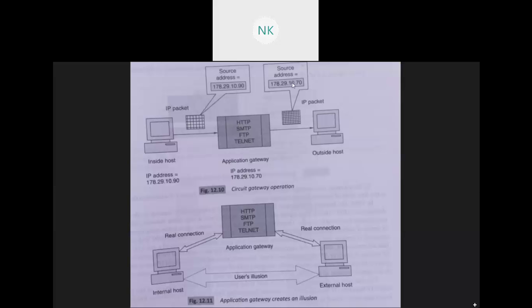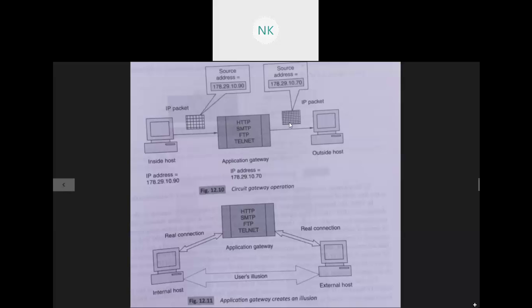So what does this circuit gateway perform? It changes the source IP address in the packet coming from the user. See, this one is 90 and this one is 70.